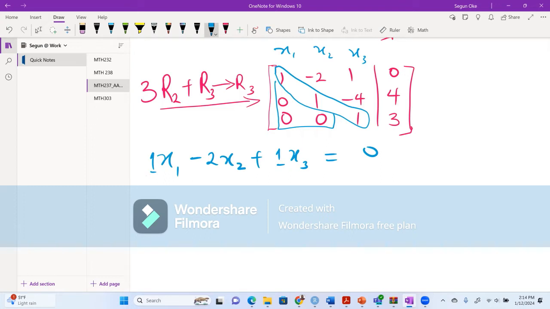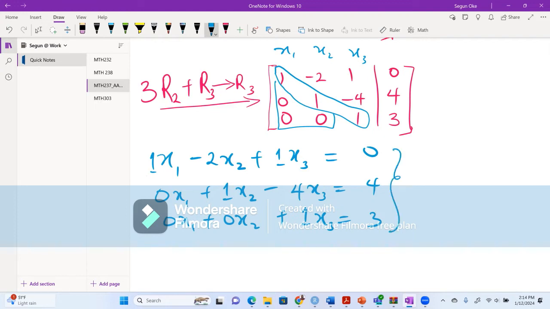Then the second equation will be 0x1 plus 1s2 minus 4s3 equals 4. And the last one will be 0x1 plus 0s2 plus 1s3 equals 3.